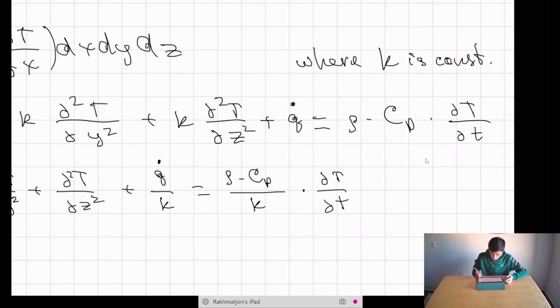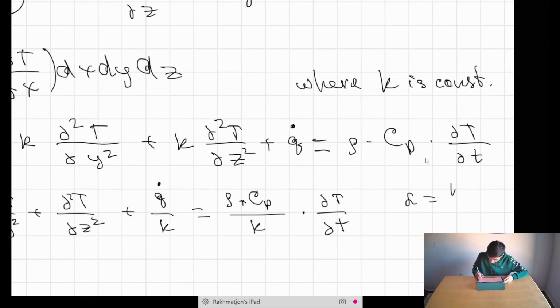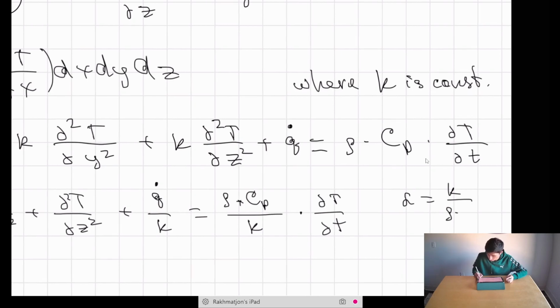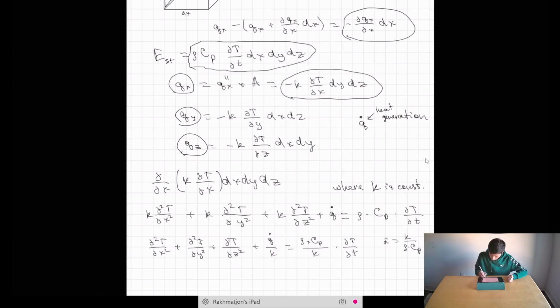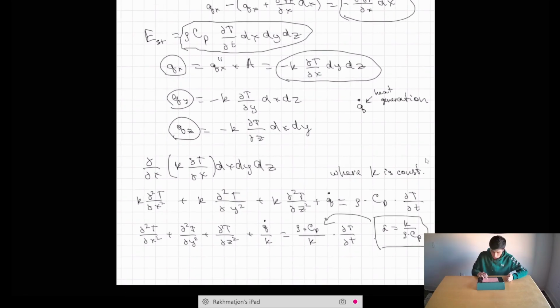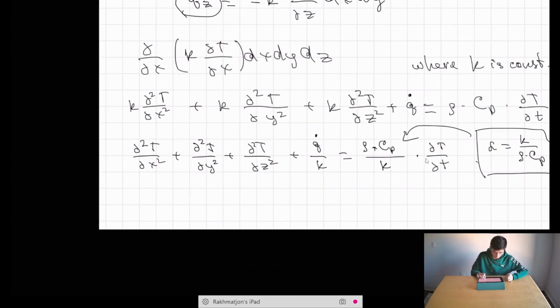Okay, and then we know that we have a term alpha, and that is k over the density times the heat capacity, right? And using this, I can change it to 1 over alpha.